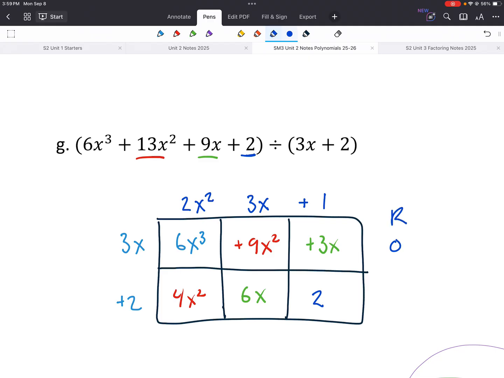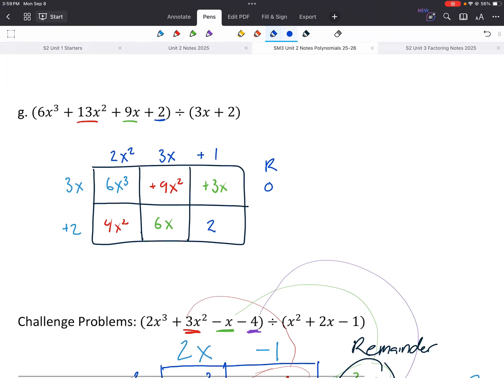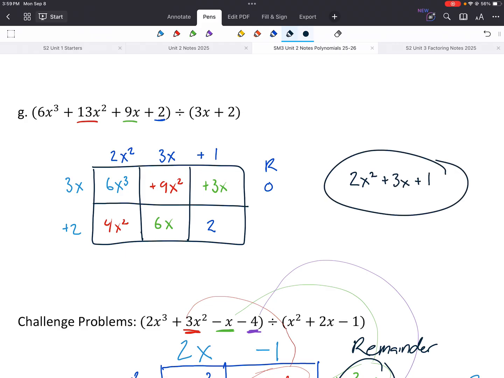So that means we have no remainder, and so our answer would just be 2x squared plus 3x plus 1. No remainder, you don't need to write anything about that. Again, that means that our divisor is a factor. It means it can go into that cubic evenly.